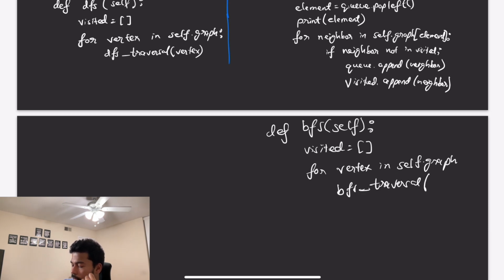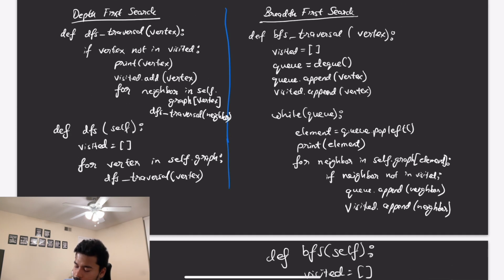You would actually pass in vertex and visited, right? So you might have to tweak the code a little bit. Obviously now this line shouldn't be here, and then the function definition will get modified.